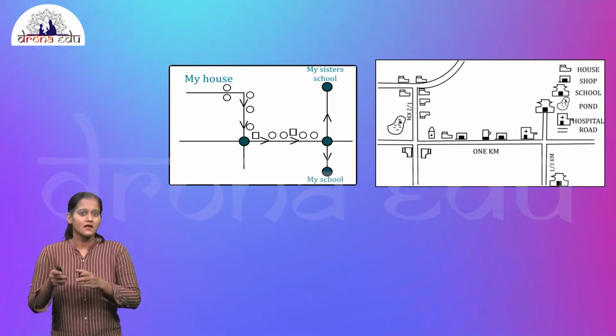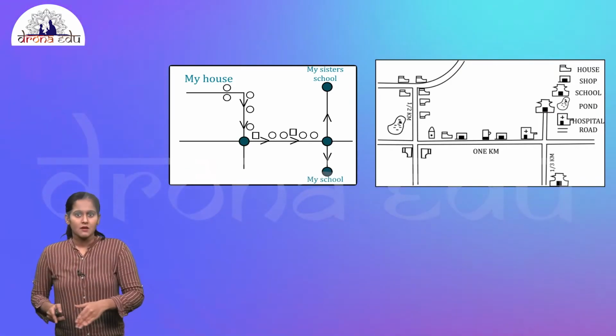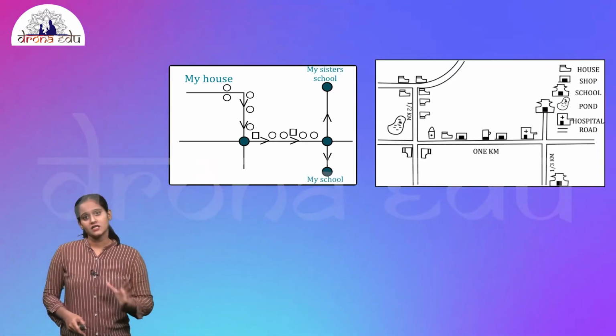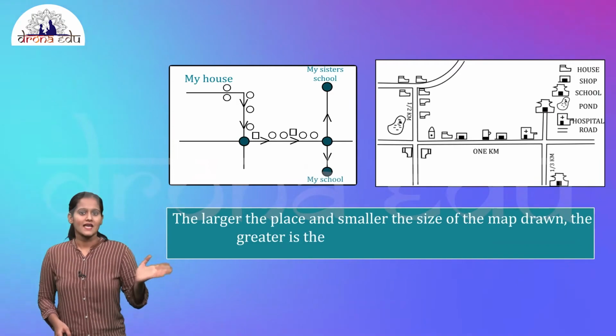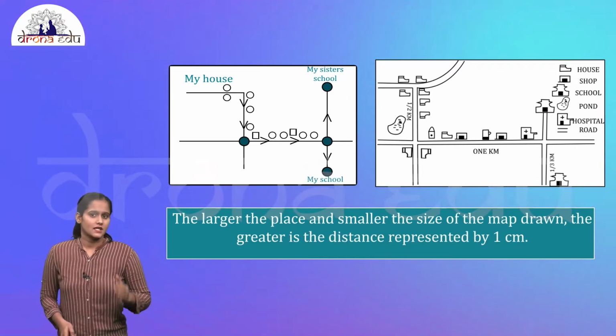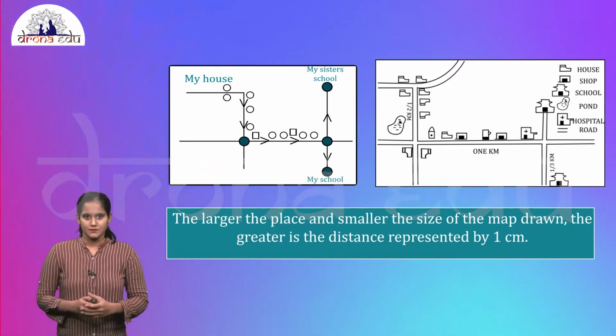This scale can vary from map to map but not within the map. And the larger the place and the smaller the size of the map drawn, the greater is the distance represented by 1 centimeter.